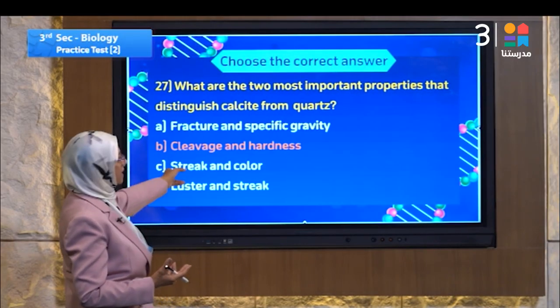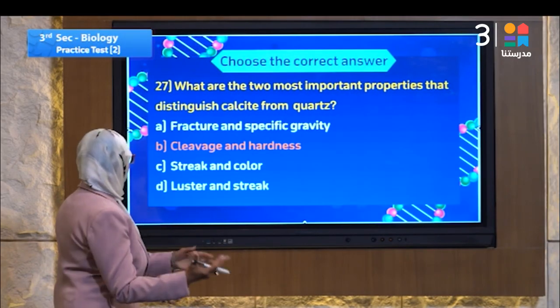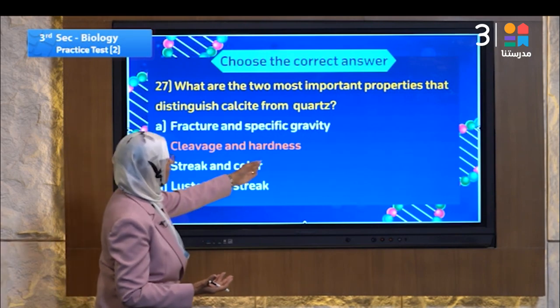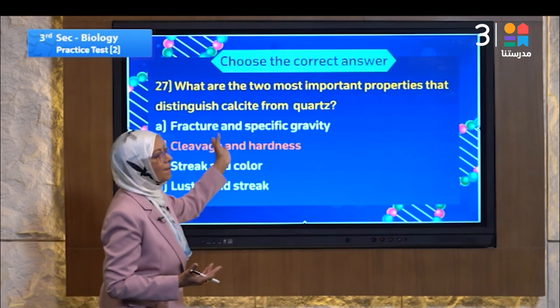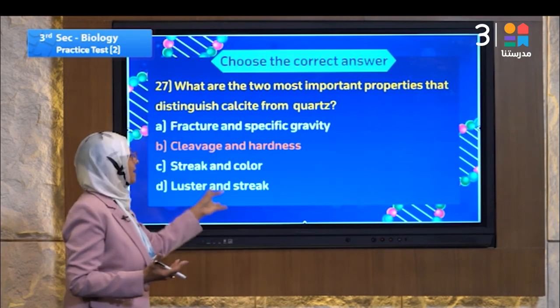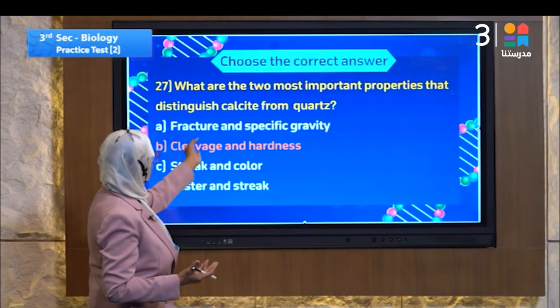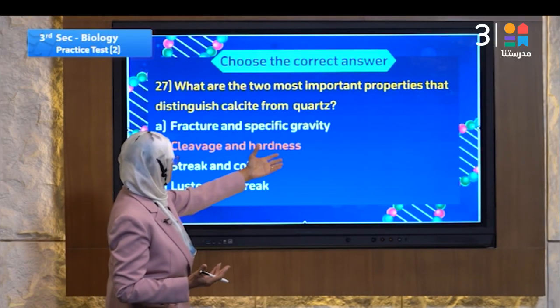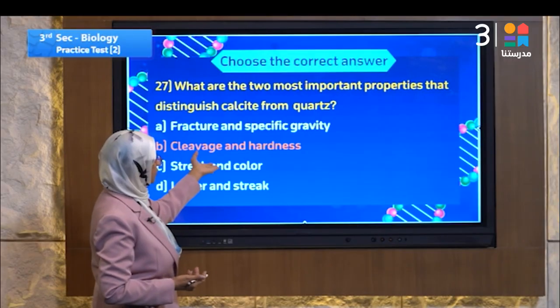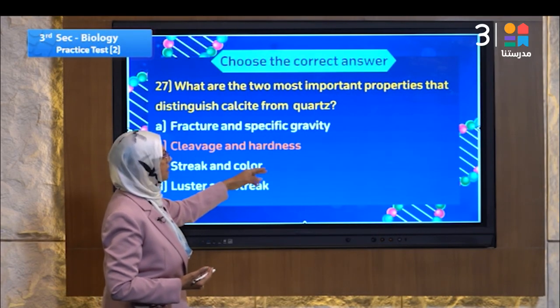The answer is B. Cleavage and hardness are the most important comparison between calcite and quartz. They are different in cleavage and hardness.